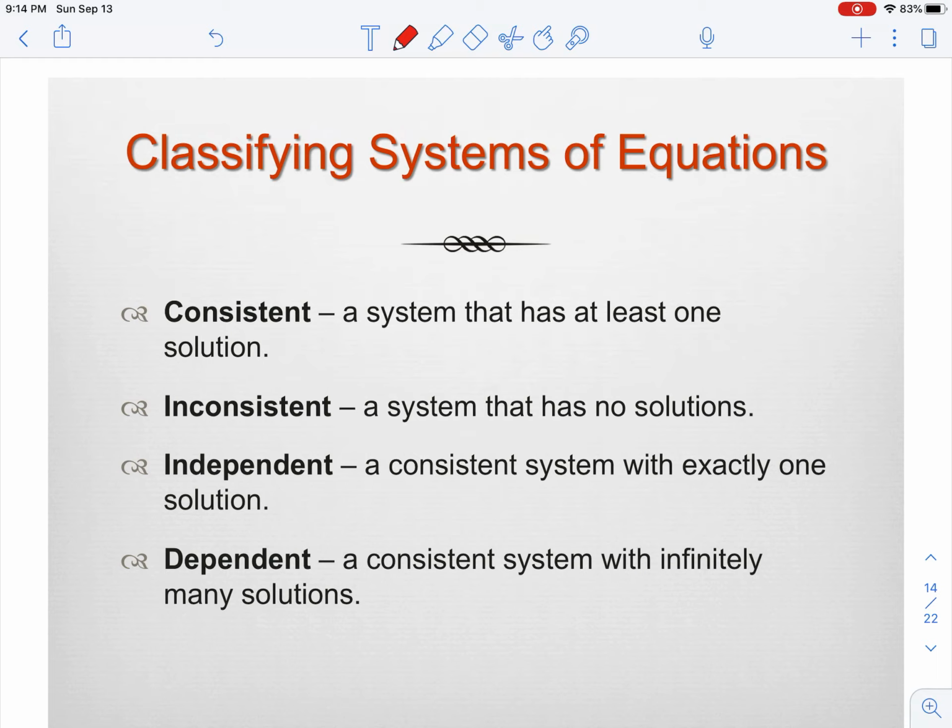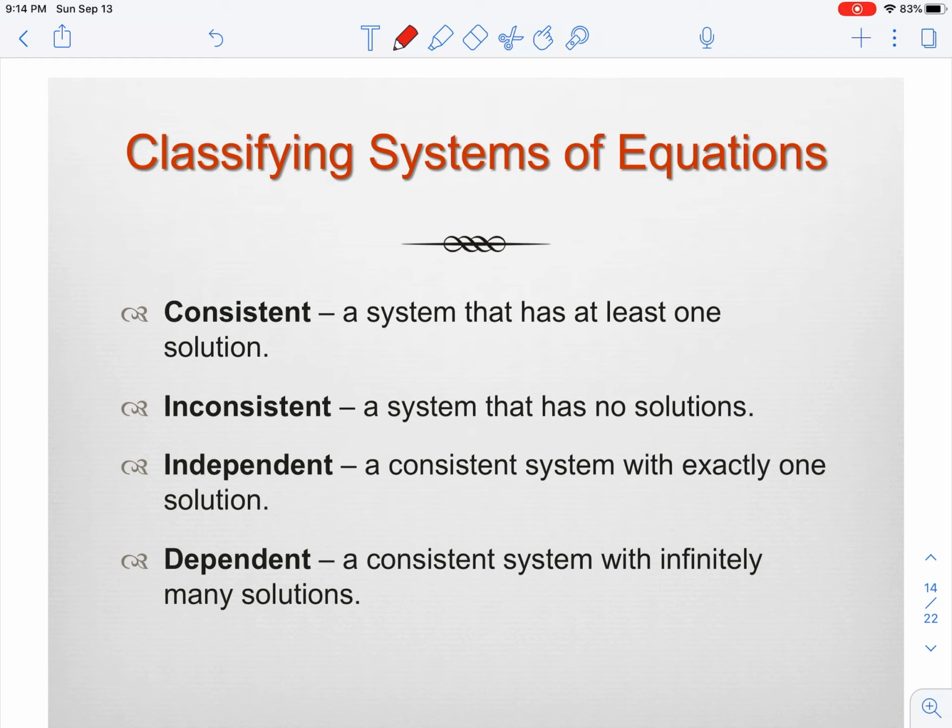So this is just a way to describe it. A consistent system has at least one solution. Inconsistent has none. They never meet. An independent system is exactly one solution.